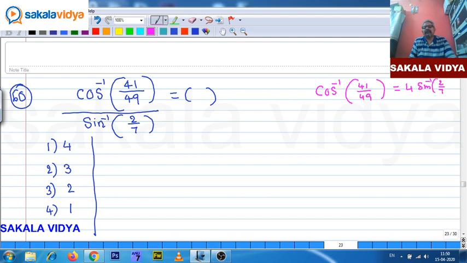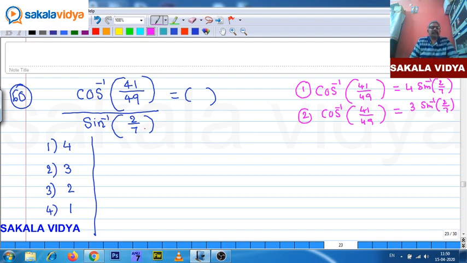That is all. Understood now? Then only we get the fourth option. For example, if you want to get the second option, this cos inverse of 41 by 49 should be equal to 3 sin inverse of 2 by 7. Because if you substitute 4 sin inverse 2 by 7 in the place of cos inverse 41 by 49, sin inverse 2 by 7 will get cancelled, you get 4.